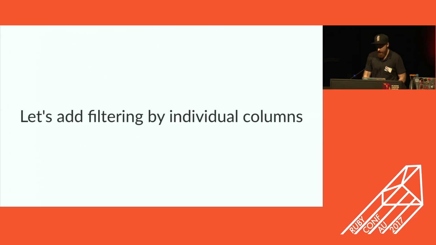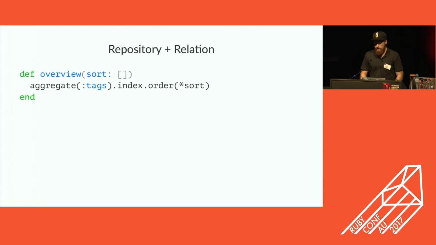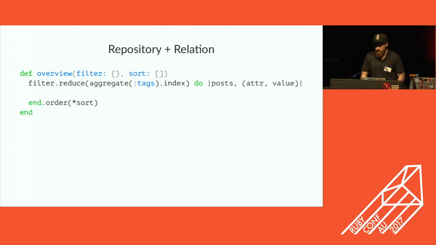But let's do something more complex, like add a filtering feature. So we can filter by, for instance, title or authors. So we're going to add a new parameter called filter. Then we're going to reduce this filter by passing our relation view.